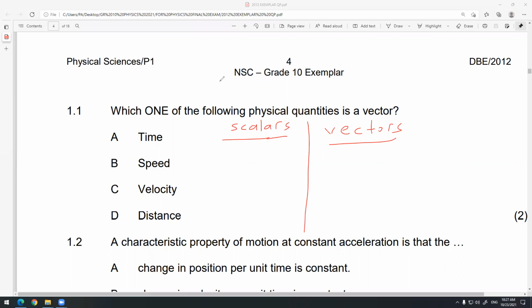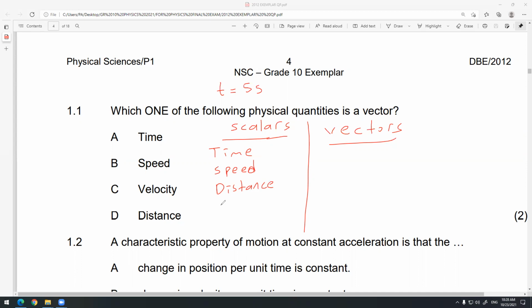For example, time equals 5 seconds. As you see, there is no direction. Our first example for scalar is time. Then you can write speed, no direction. If there is no direction, you have scalar quantities. Speed, and then you can write distance.